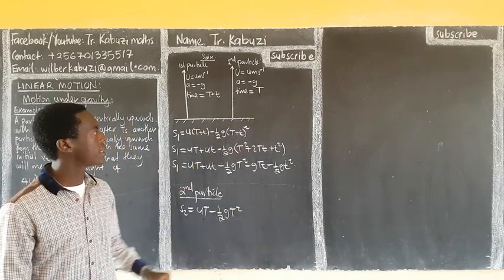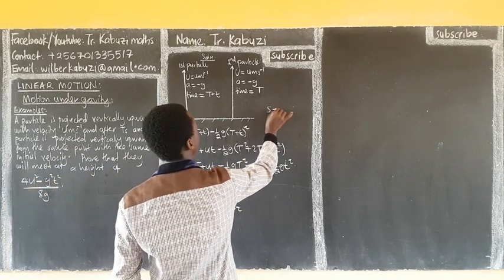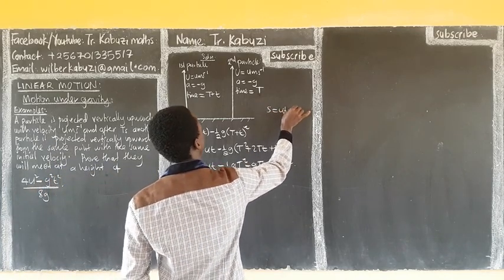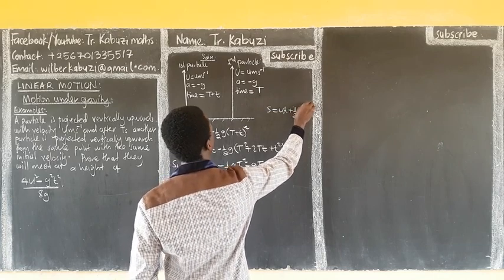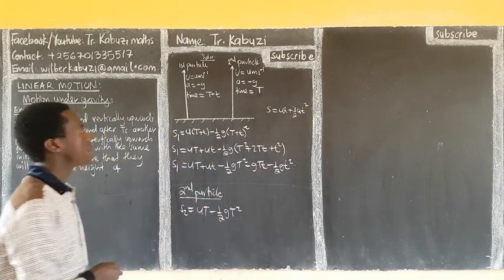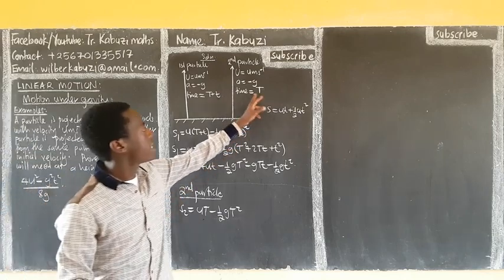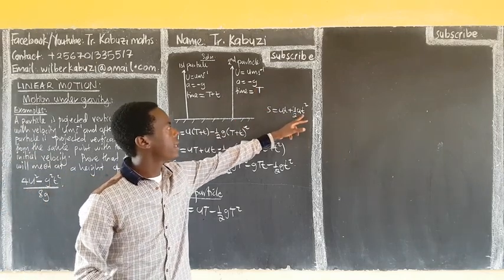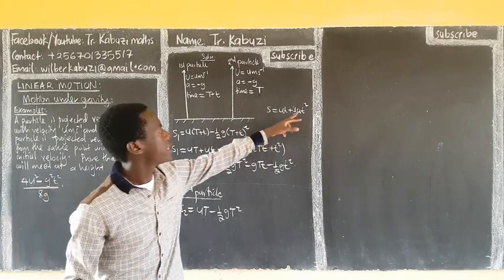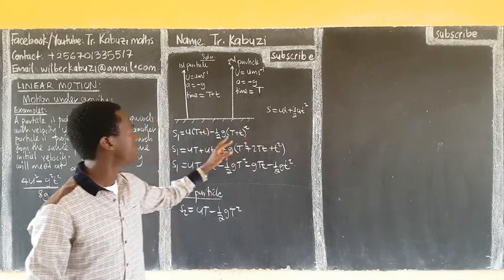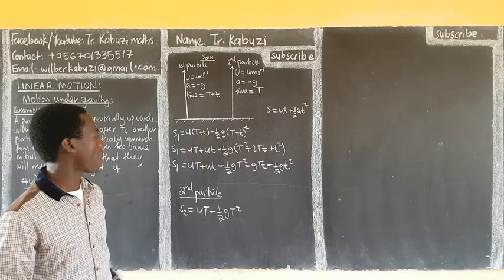That's why we are using the equation S equals ut plus half a t squared, where the time is t and our acceleration is negative g.